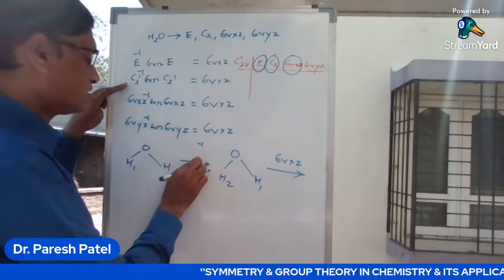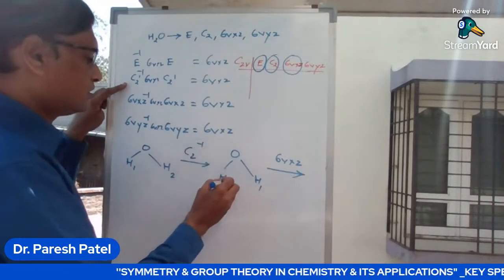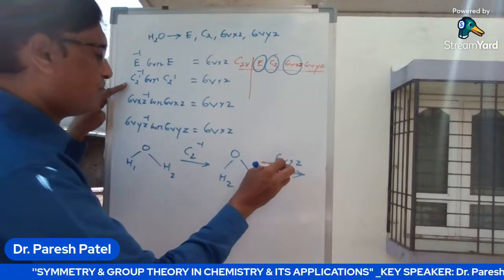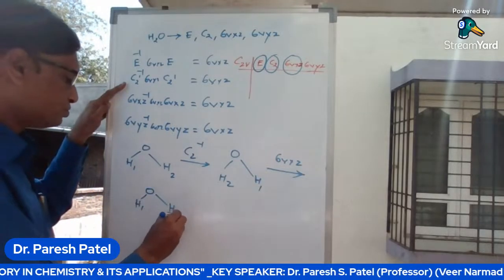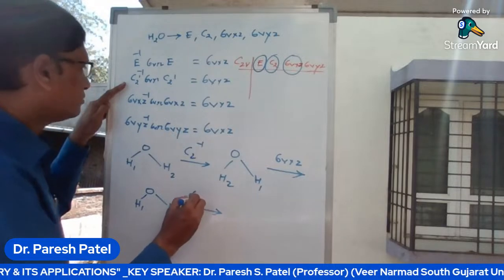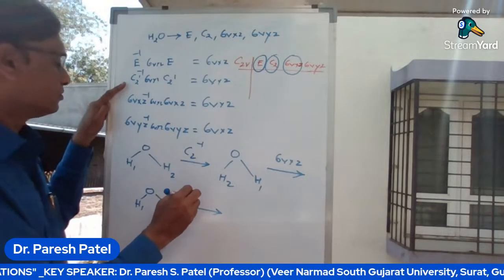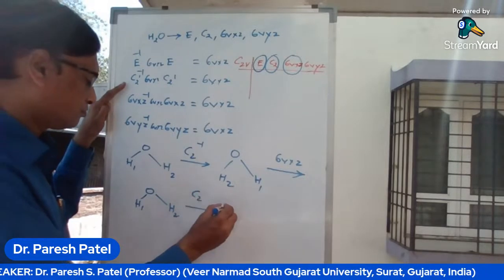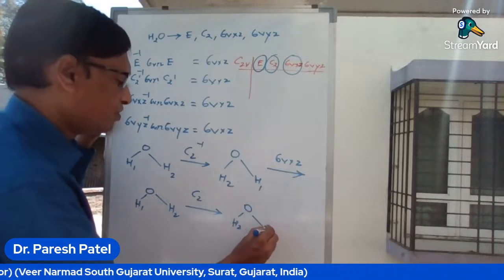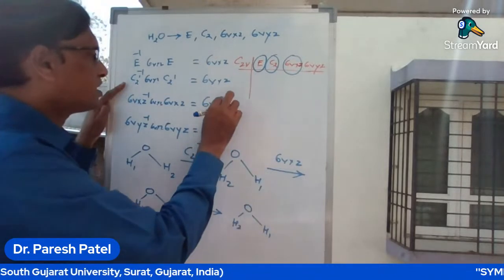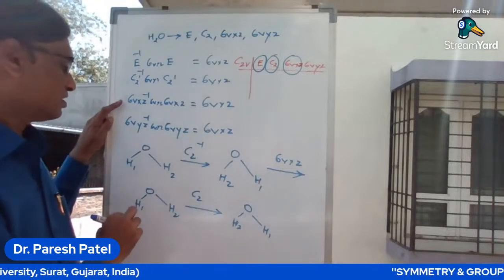C2 inverse, so 2 and 1, sigma v yz. So again 1 and 2, C2 or C21, 2 and 1. So the overall result can be represented as sigma yz.